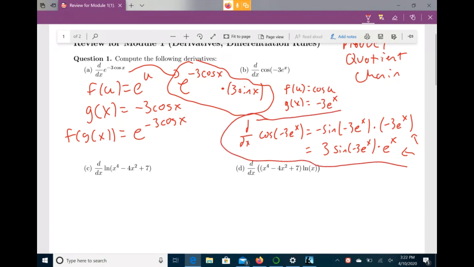Just compute the derivative. And then in the second part, you'll explain what you did. So you could say, I used the chain rule. You could write out the chain rule. And you could say, my outside function f is cosine, my inside function g is negative 3e to the x. The derivative of cosine is negative sine. The derivative of negative 3e to the x is negative 3e to the x.